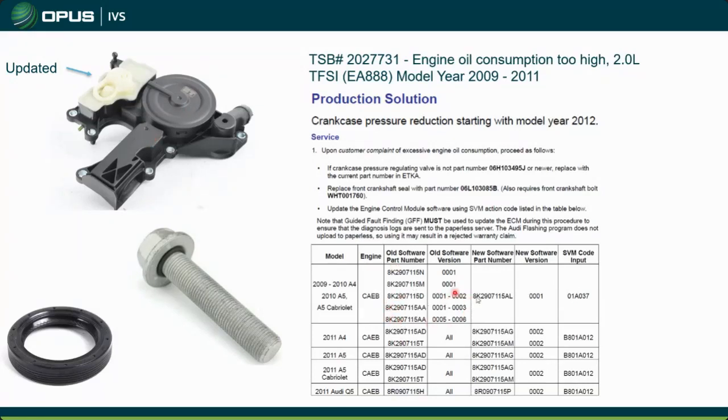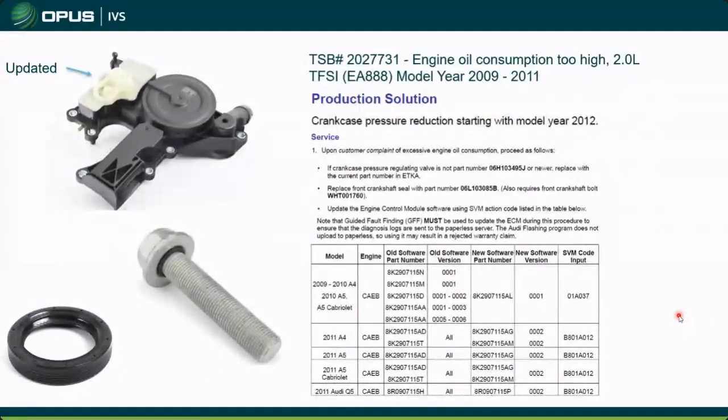You're always going to want to check your latest and greatest, because they do often update these technical bulletins. Even ones that are 8 or 9 or 10 years old, Volkswagen Audi is still updating them. So you really do want to try to get your hands on the latest and greatest, because there's different software versions, there's different part numbers.